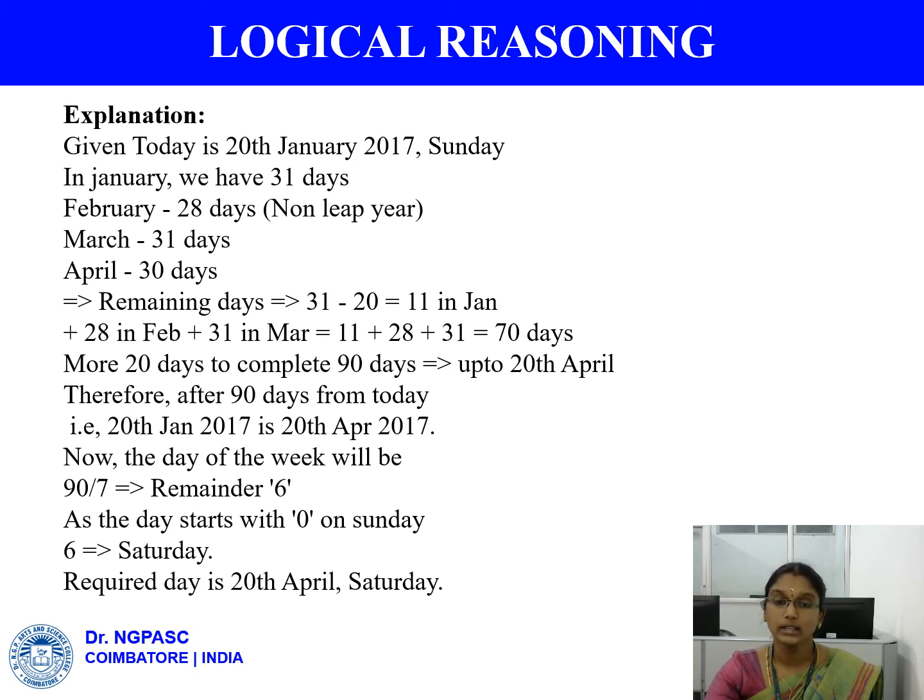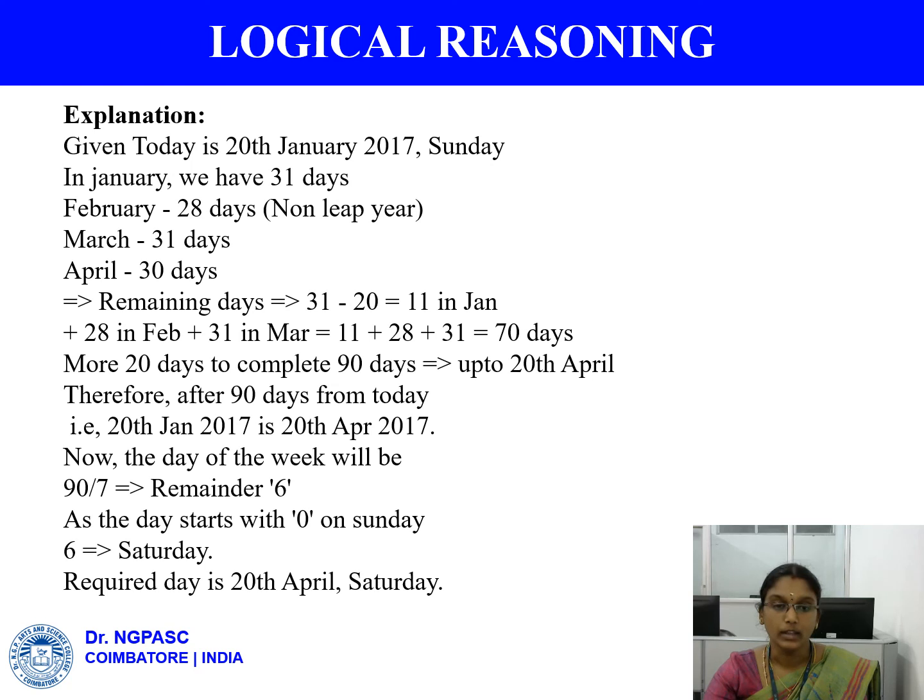So in January 11 days remain, February 28 days, March 31 days, totally 70 days. We have to add 20 more days to complete 90 days, up to 20th April.